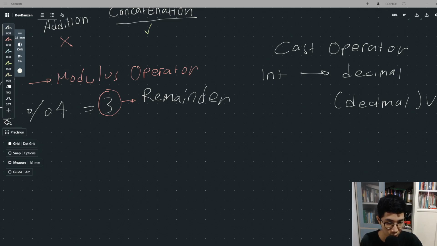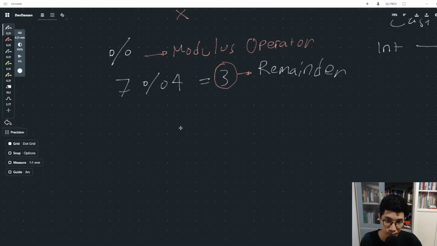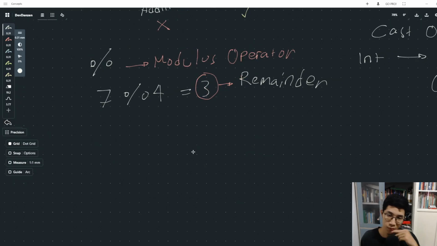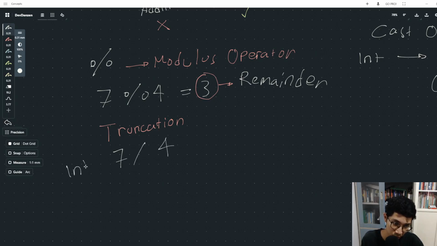And then we already did the cast. Oh yeah, also the truncation. Truncation, like 7 divided by 4. If it is integer, it will become 1.